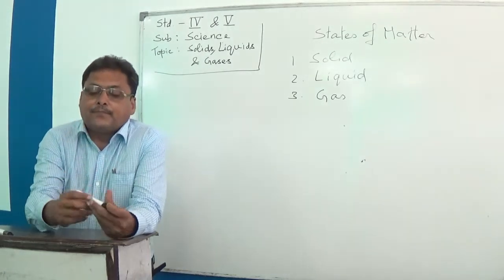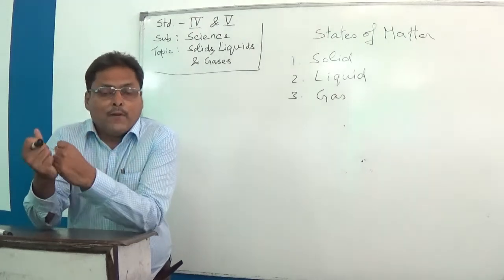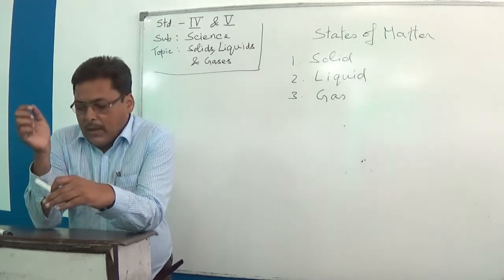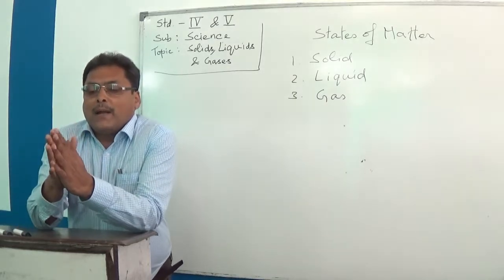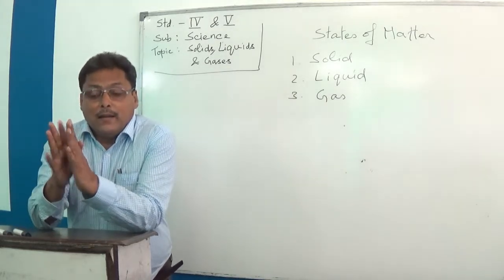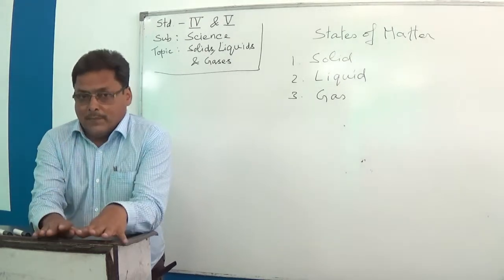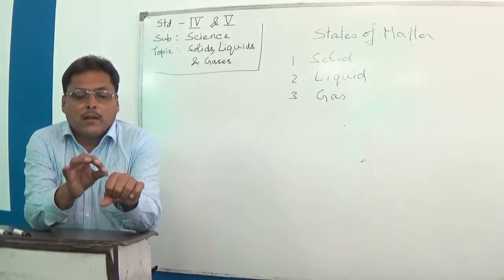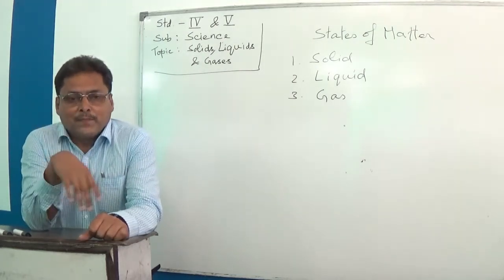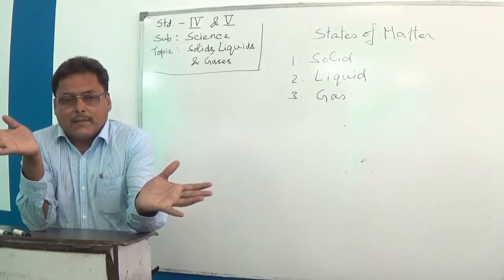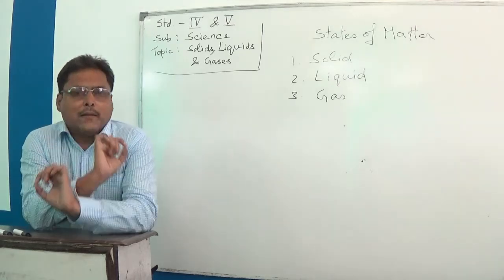To know that, we must know what matter is made of. You will learn a little more in other classes about this, but let us learn at this stage that every matter, like our body, is made up of very tiny cells. All the matter in this world is made up of very small particles.